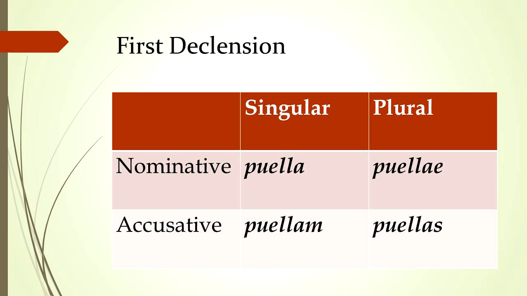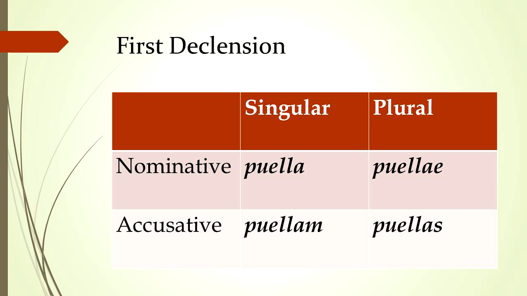We already know how to take the nominative singular form of a first declension noun and make it accusative. If you take the word puella and want to make it accusative, or the direct object form, you add am to the end. Puella becomes puellam. In this chapter, we get the corresponding plural forms as well.